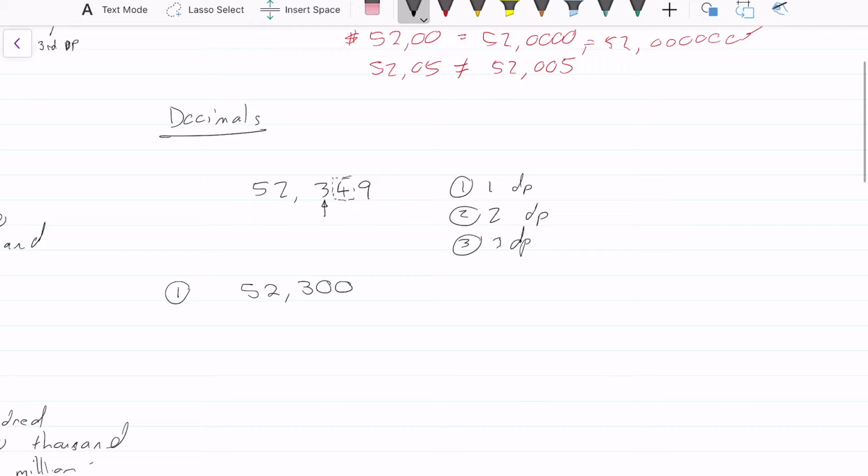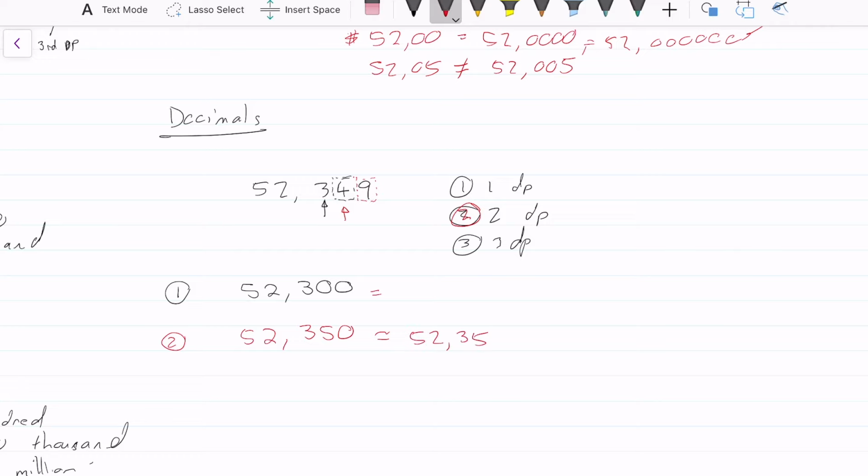Okay, but continuing on with our questions, if we want to round off to 2 decimal places, then we look at this point right here. So the number of interest is 9. 9 is greater than 5, so we round up. So we're left with 52,350, which is exactly equal to 52,35.